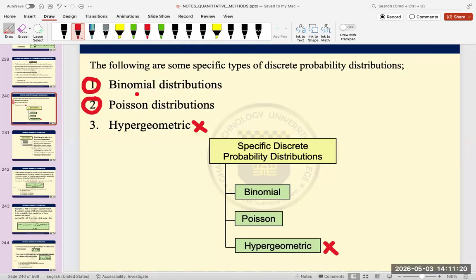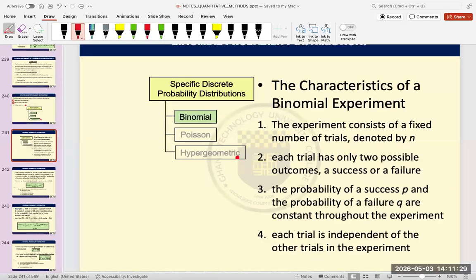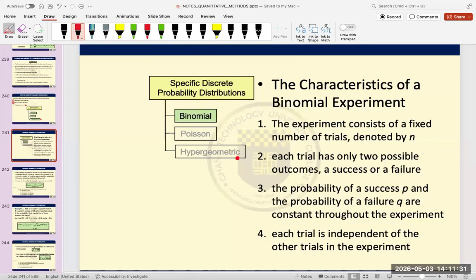What are the characteristics, or what differentiates binomial distributions from Poisson distributions? For binomial distributions, you always know that there are only two possibilities, or two possible outcomes we'll be looking at.